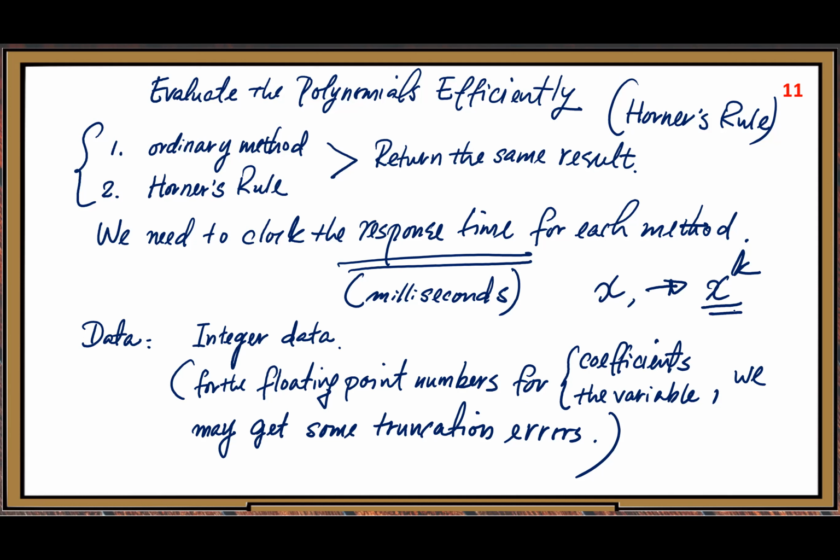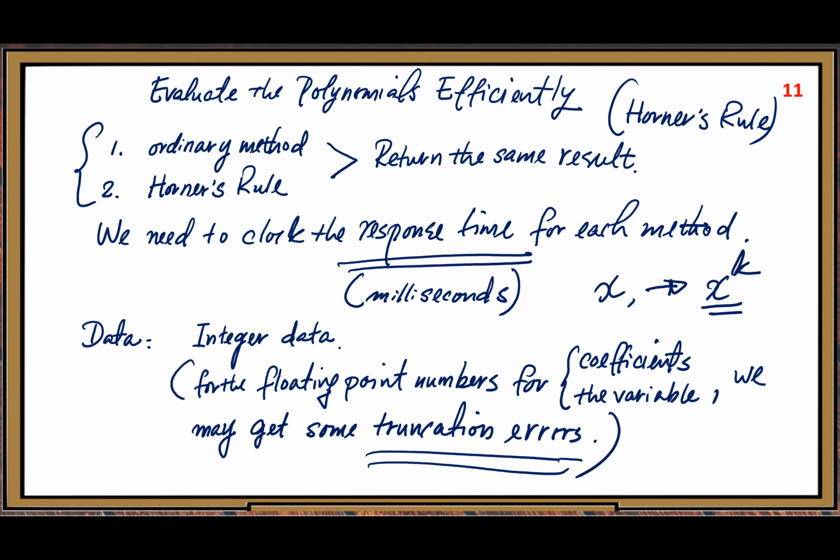Do you think your computer can keep all the digits without truncation? It's impossible, right? When you raise your x value to the kth power, it's very likely a certain number of digits will be truncated. That's the truncation error. When you have truncation error, method 1 and method 2 may not return exactly the same number. They will have the last few digits slightly different due to the truncation errors.